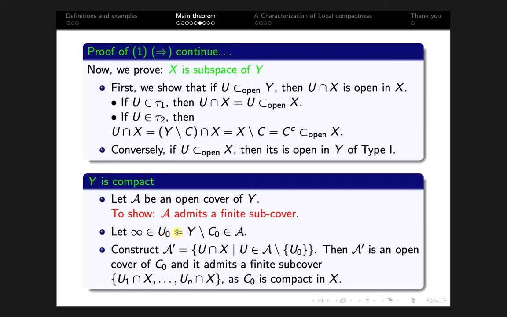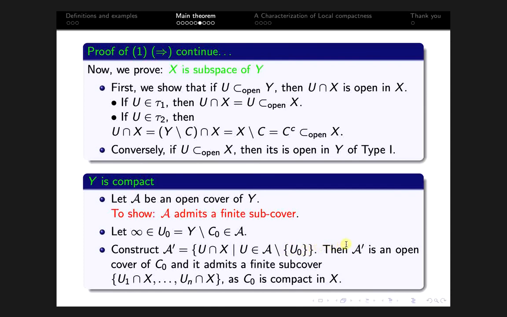Therefore U naught equals Y minus C naught, where C naught is a compact subset of the subspace X. Now we construct the collection A prime, which is equal to U intersection X, where U belongs to A minus the singleton set {U naught}.